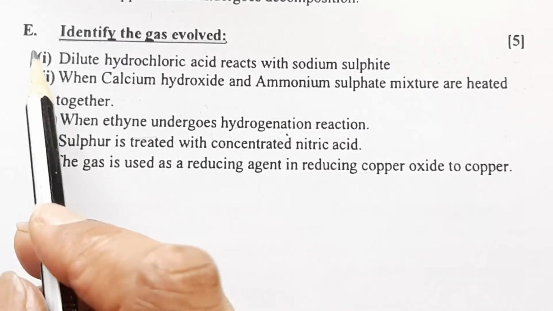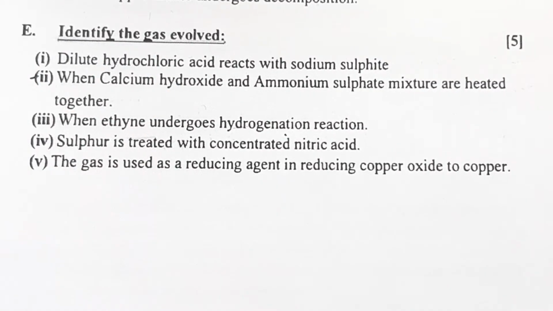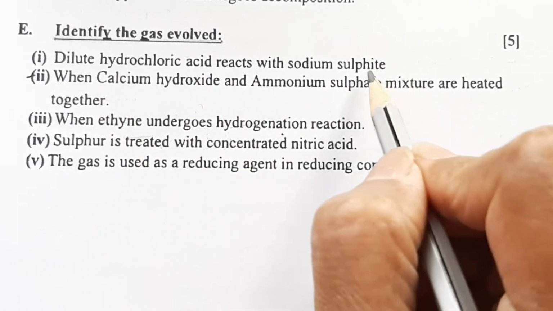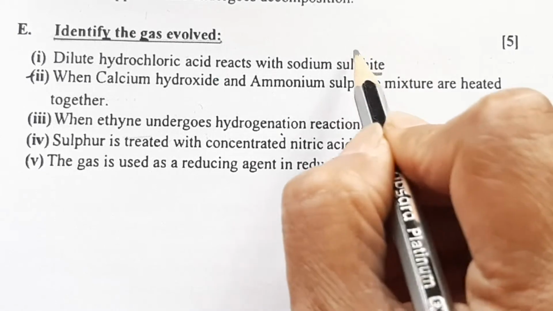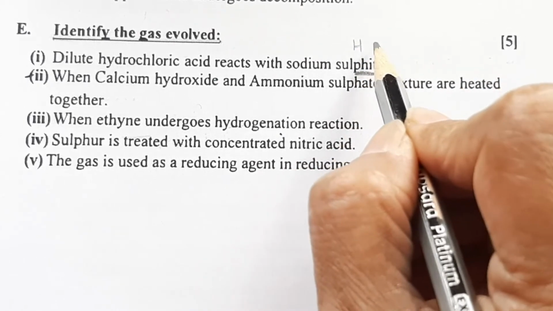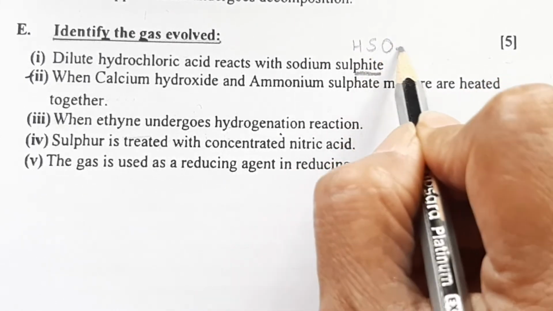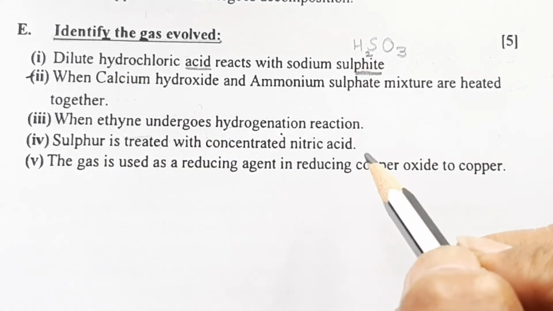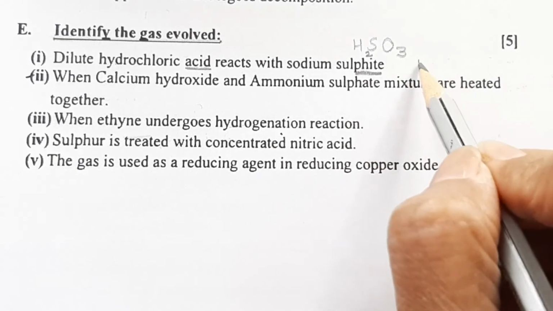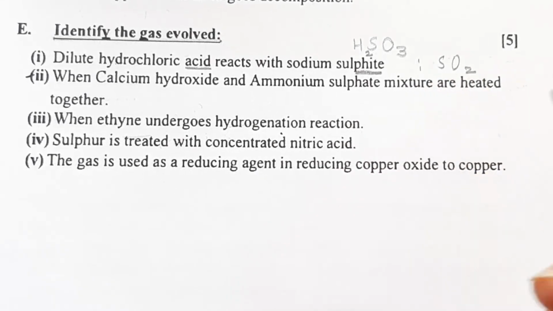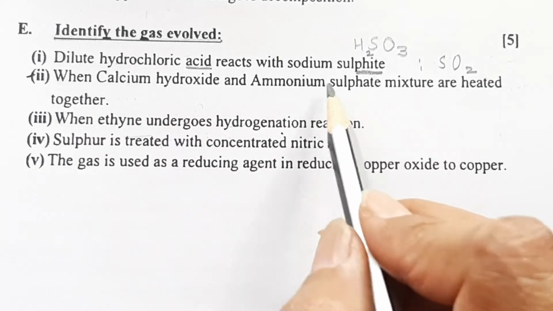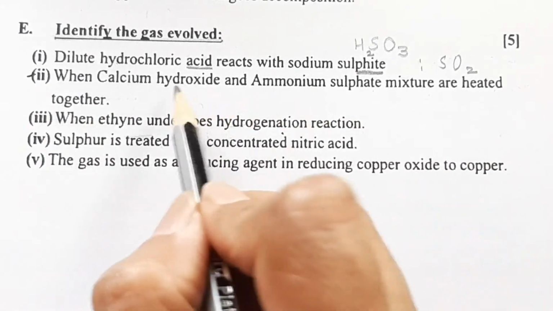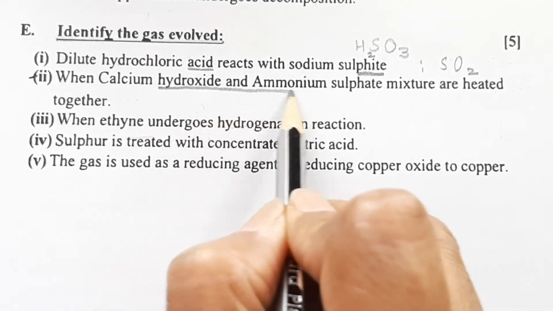Okay, now we have question 1E. Identify the gas evolved. Dilute hydrochloric acid reacts with sodium sulfite. Now this is sulfite, which means it will form H2SO3 with hydrochloric acid, and so the gas evolved is going to be sulfur dioxide. When calcium hydroxide and ammonium sulfate mixture are heated together, that's the second one, we will have double decomposition like this happening.